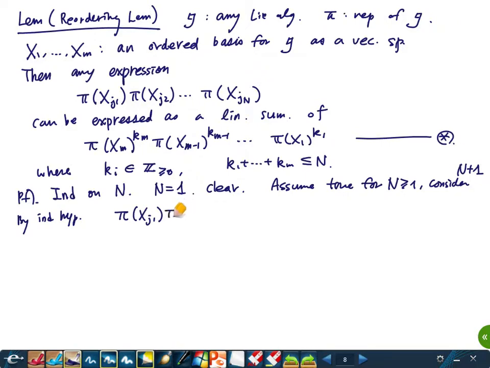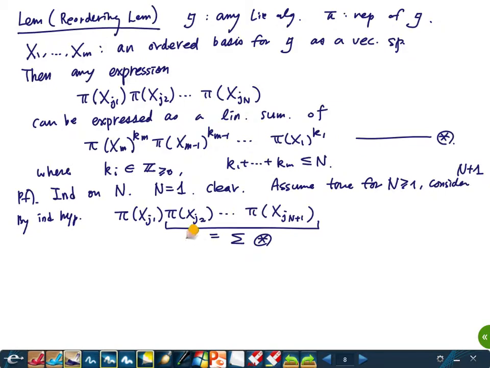Now we have n plus 1 factors like that. But we can use induction on the last n factors. This is going to be a sum of things of this form.